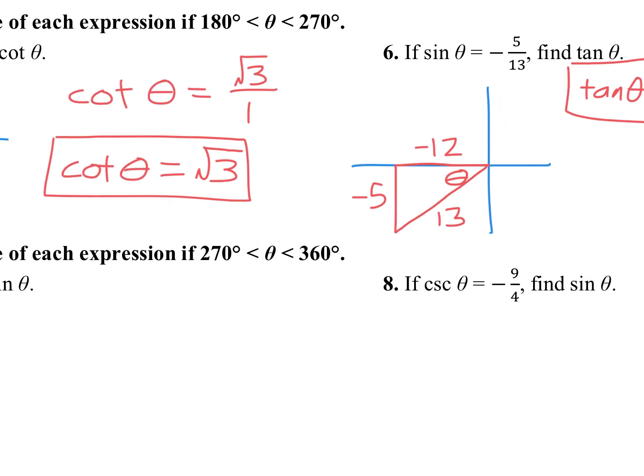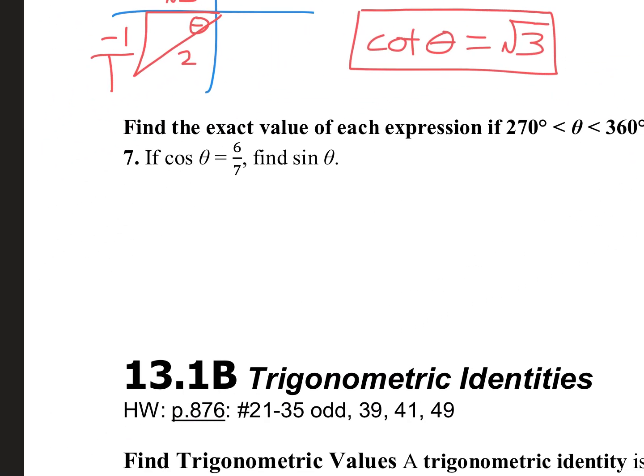Two more. Now we're in quadrant 4. Cosine of theta is 6 over 7, so adjacent is 6. That's an x-coordinate, which is positive. Hypotenuse is 7. I can tell the y-coordinate is going to be negative. I square 7, that's 49.